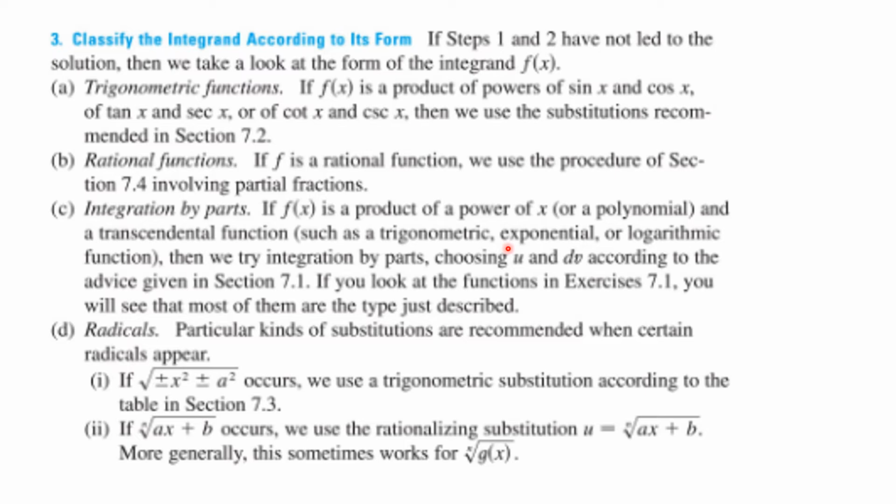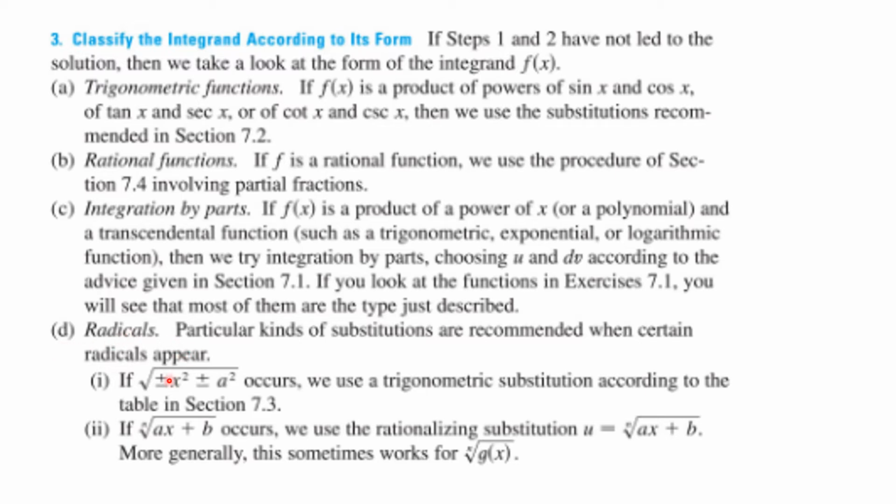If f of x is a product of a power of x, or a polynomial, and a transcendental function such as trig, exponential, or logarithmic, we might try integration by parts, choosing u and dv according to the advice that you had from this section on integration by parts. And I also included some notes about radicals.